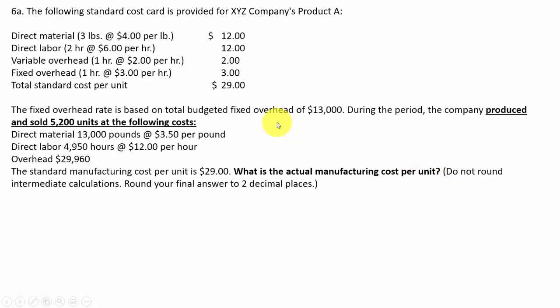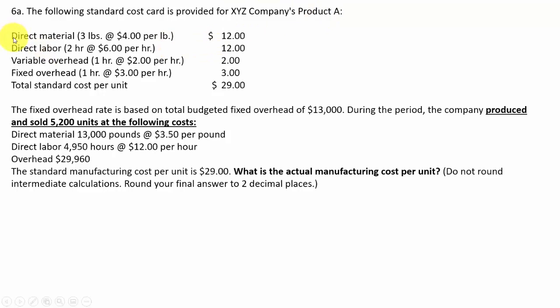Now they gave you the following information, a lot of which is really not relevant to what we're trying to find, but it might keep you thinking a lot more than what you really needed to solve the problem. But anyway, here we go. So it says the following standard cost card is provided for XYZ company for product A. Remember, these are standard costs, what it costs to make a certain kind of product.